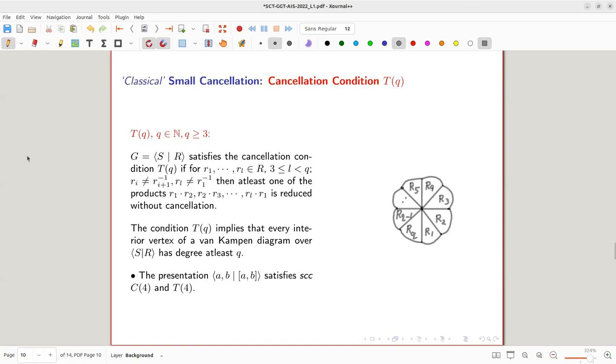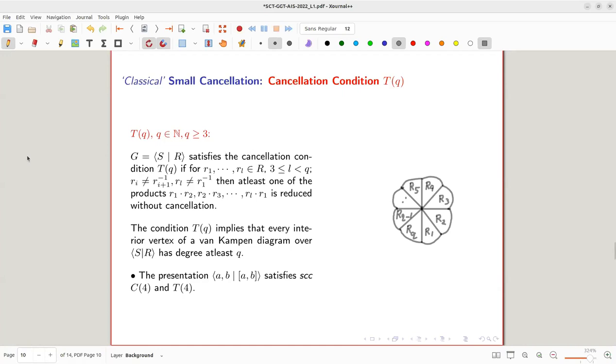This R is symmetrized, right? So it is not Ri inverse, it is R(i+1) inverse. What it is saying is R4 is this, and what is R5? It is this, right? So R5 inverse is this.